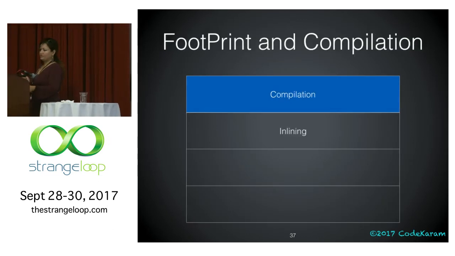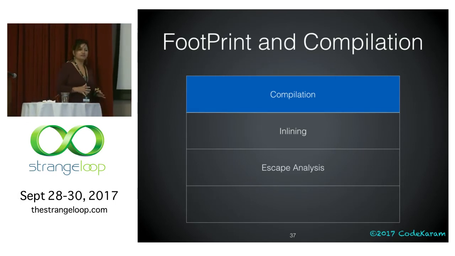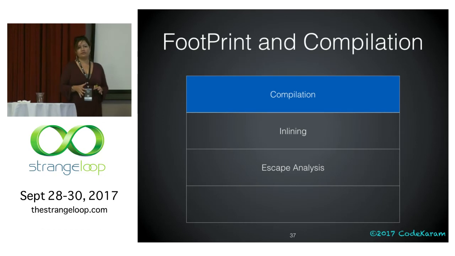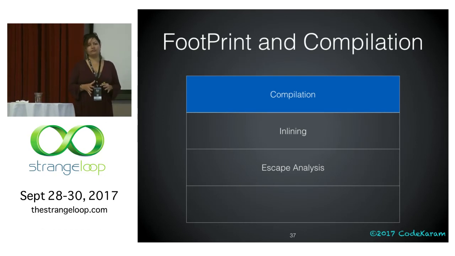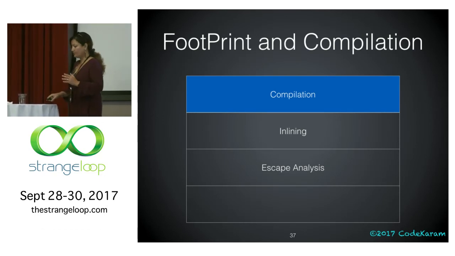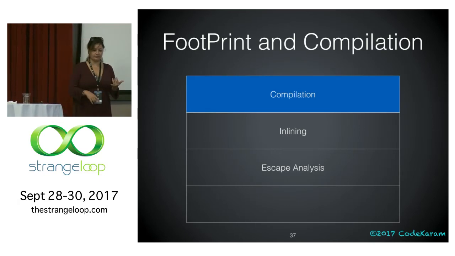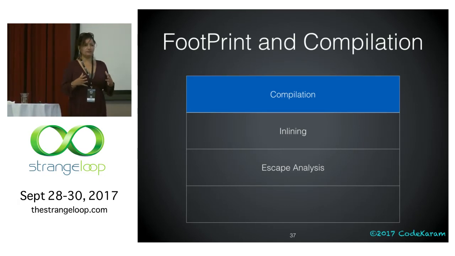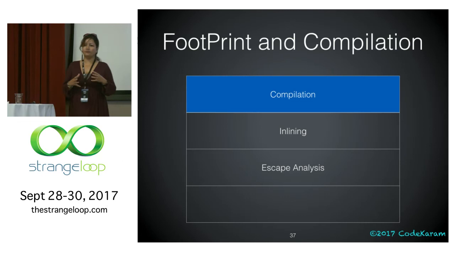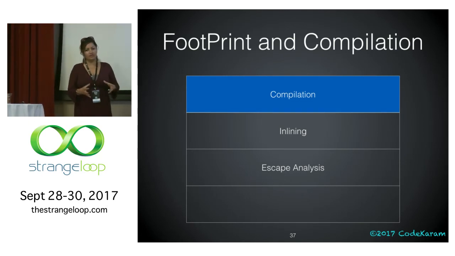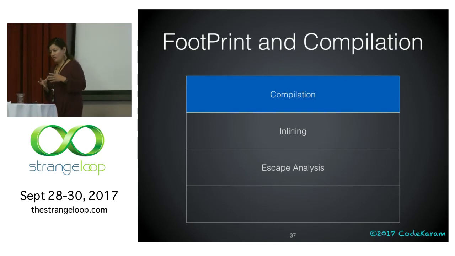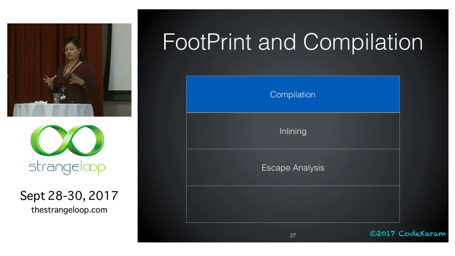Footprint and compilation, we have inlining. Inlining is one of the most important benefits of dynamic compilation. Because remember the profile-guided optimizations, you have all this information. So an adaptive optimizer can take that into account, and based on various thresholds, it can do a great job of inlining.